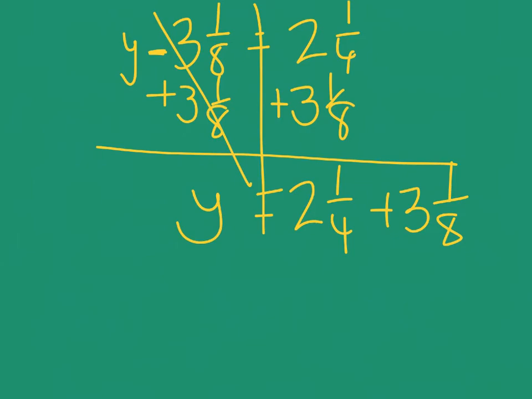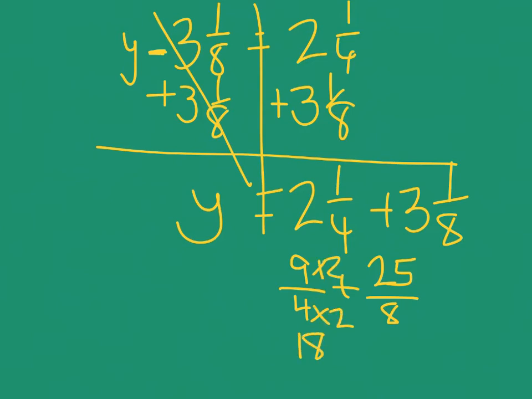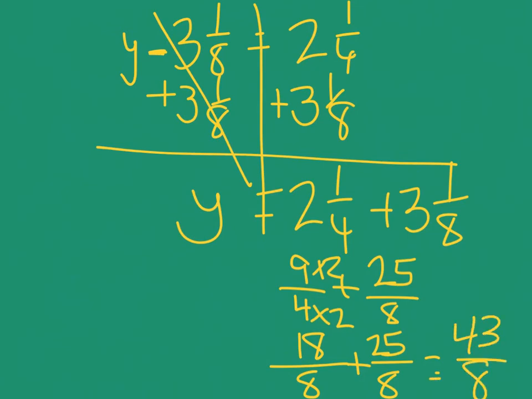So just get in the habit of doing it now. 4 times 2 is 8 plus 1 is 9 over 4 plus 8 times 3 is 24 plus 1 is 25 over 8. Our common denominator is going to be 8, so let's multiply the first fraction by 2. 9 times 2 is 18 over 8 plus 25 over 8 equals 43 over 8.